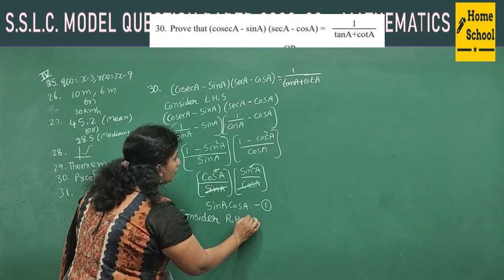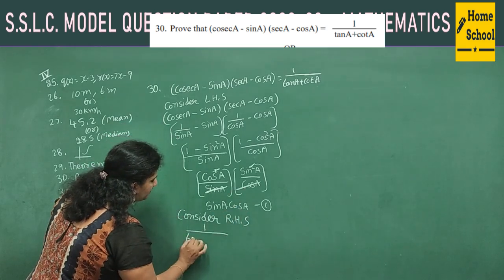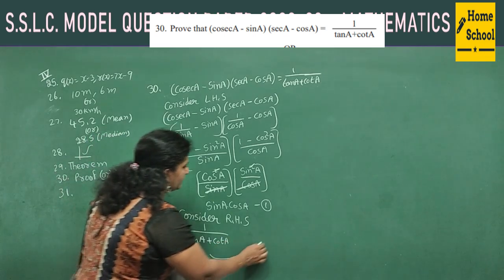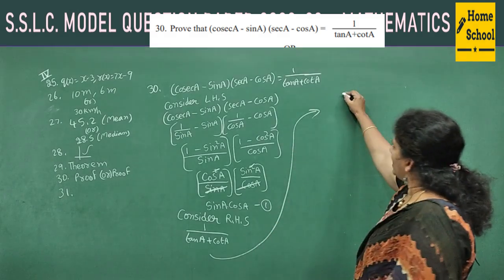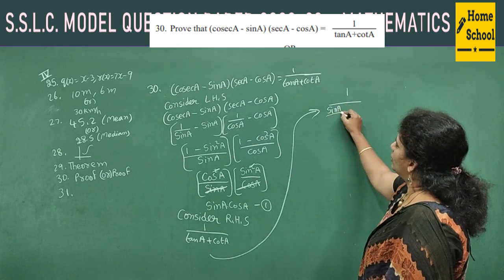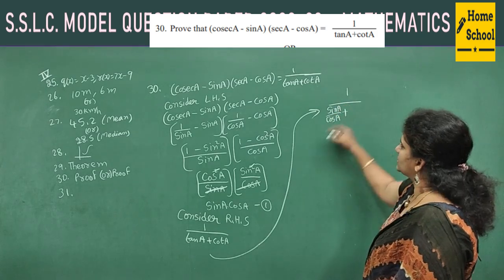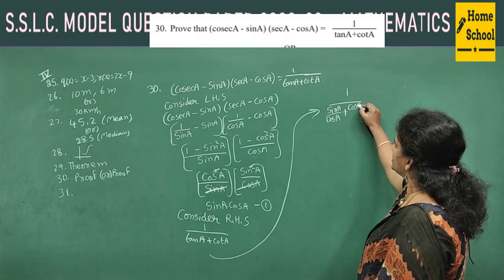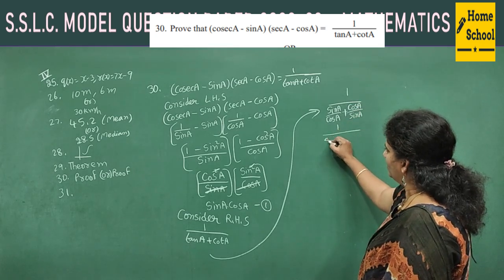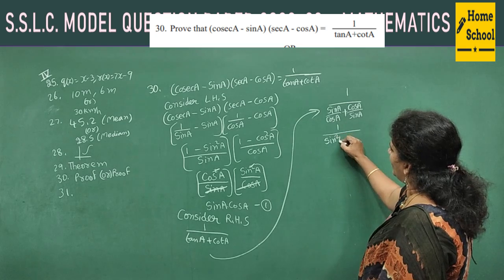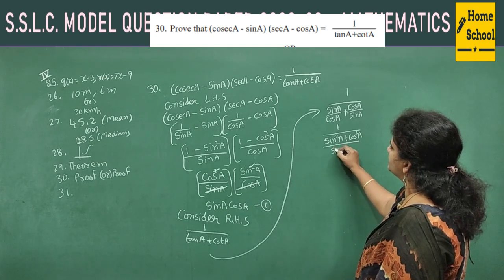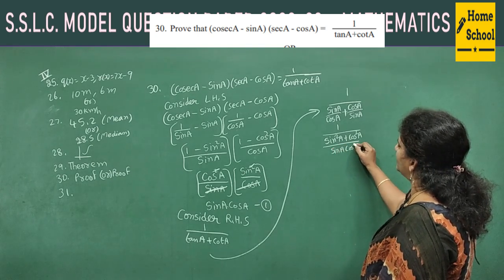Now consider right hand side. What we have? 1 by tan A plus cot A. So let me complete the problem here. 1 by tan A is nothing but sin A by cos A plus cot A can be written as cos A by sin A. Do LCM. 1 by sin square A plus cos square A by sin A cos A. Did you get this?